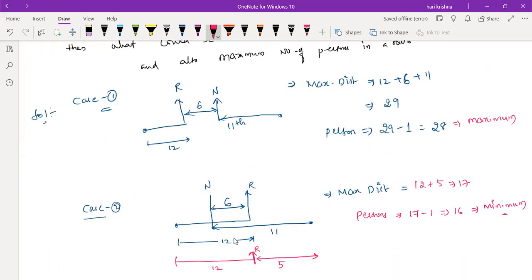In the first case, we have taken Rohan left of Nikhil. But in the second case, we have taken Rohan right of Nikhil. Okay. So in the first case, it is clear, right?